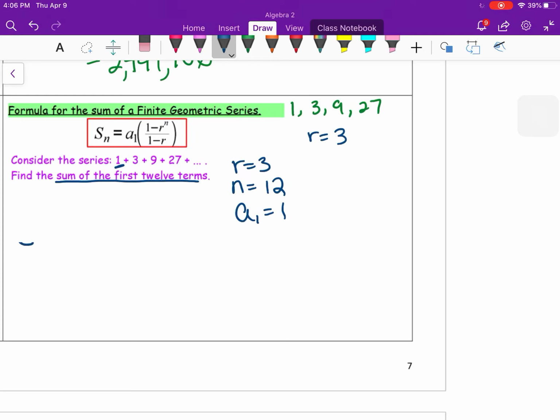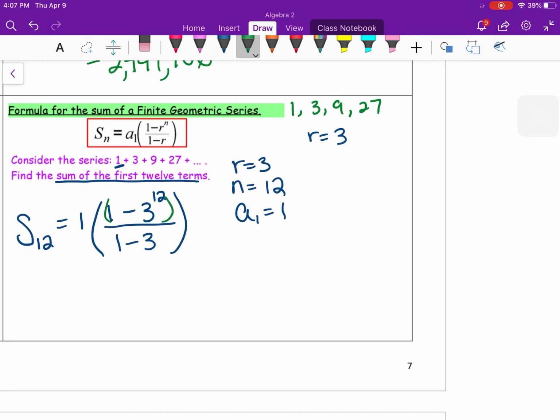If I want the sum of the first 12 terms, that's what S sub 12 stands for. It's the first term times (1 minus r to the n power), so 1 minus 3 to the 12th, over 1 minus 3. Now when you put this in, you will need the double parenthesis for the top.